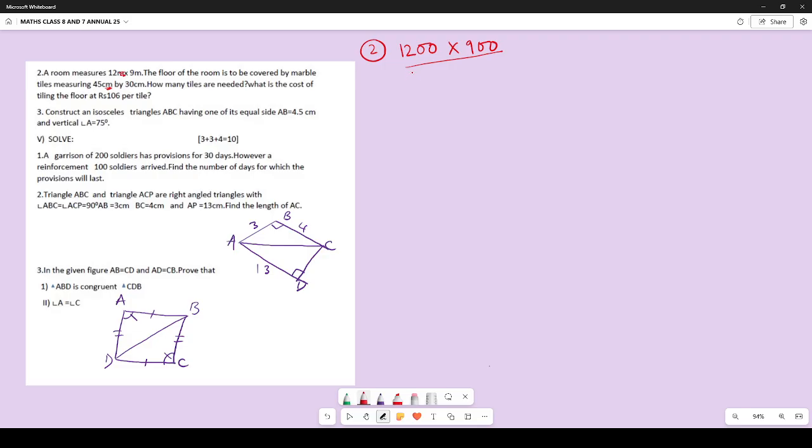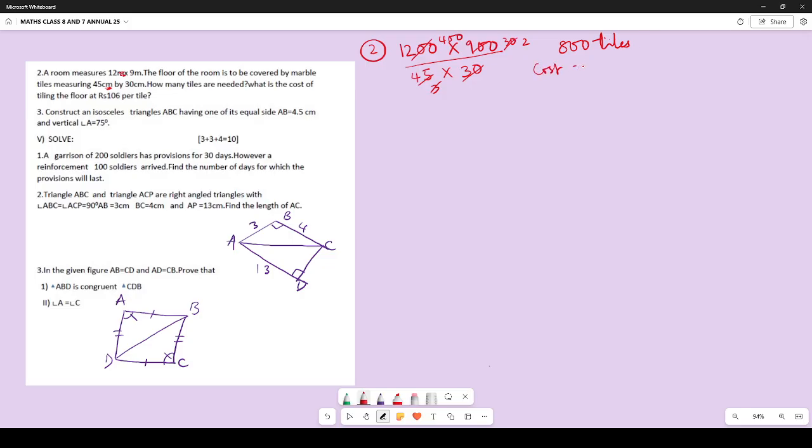So how many tiles are we talking about? The measure of the tiles is 45 by 30. 30 times, and 15 2 times and 3 times, and this goes to 400. So we are talking about 800 tiles in all. So 800 tiles will be needed, but we have to find out the cost.